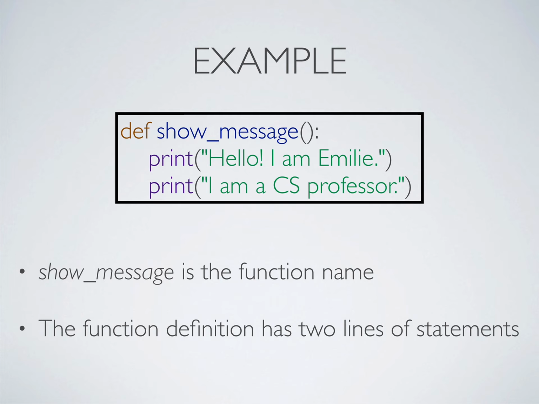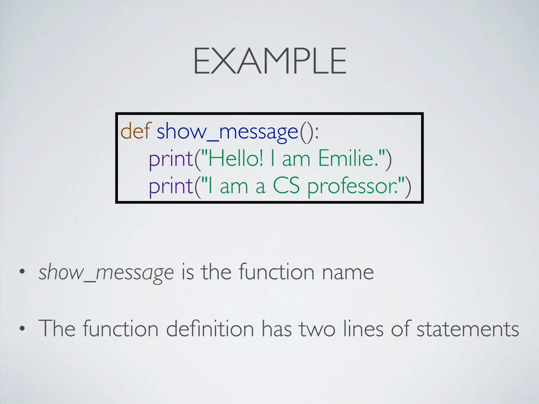Alright, so here's an example of a function. This function, its name is show message. And I know that because the general form of a function definition is def, space, name of the function. So the name here is show_message, and then open close parentheses, and then a colon.